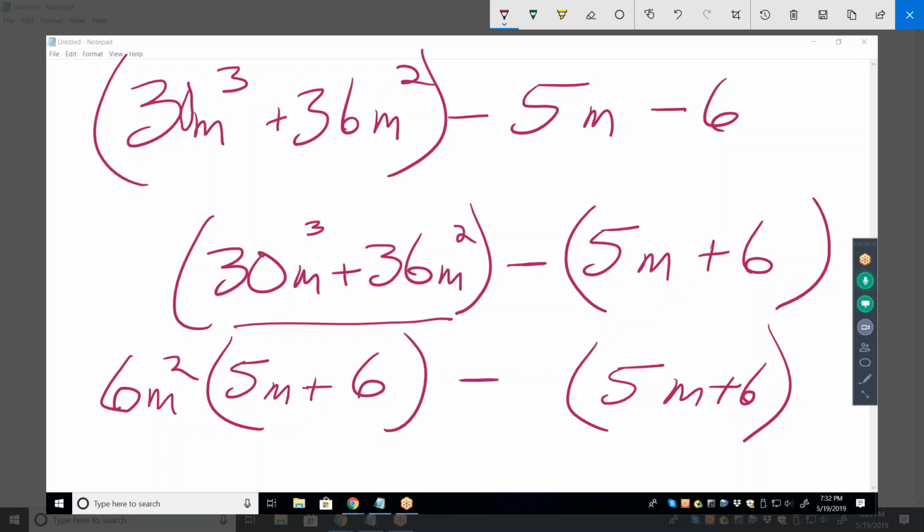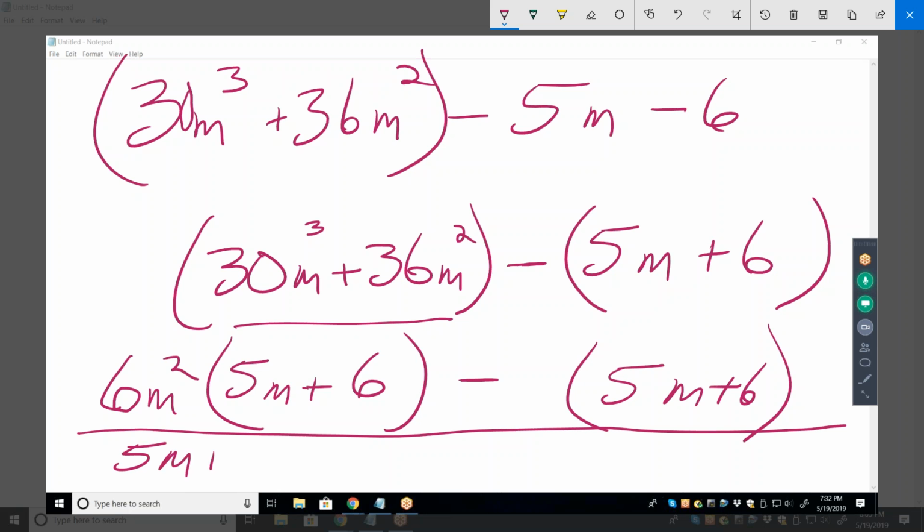Not with this problem. The greatest common factor between those two terms is 5m plus 6. See why? 5m plus 6 divides into both terms. Leaving what?